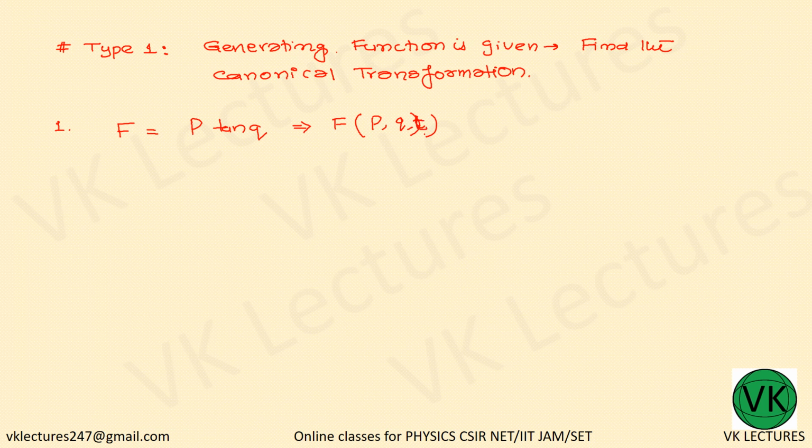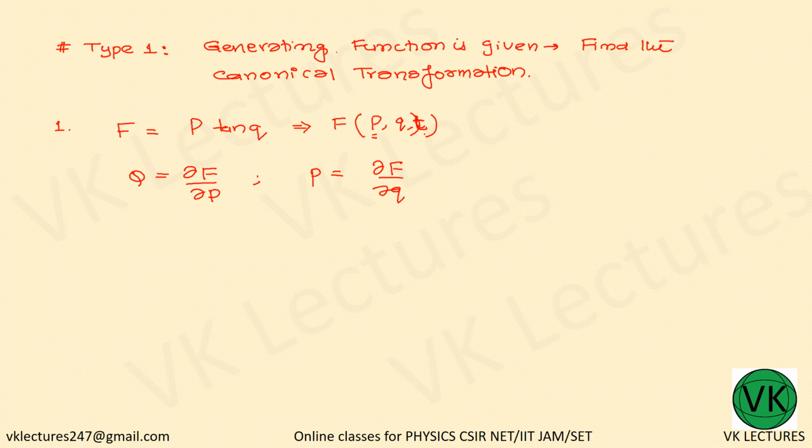Now since capital P is present, we need capital Q, which is equal to dou F by dou P, and we also require small p, which is equal to dou F by dou q.